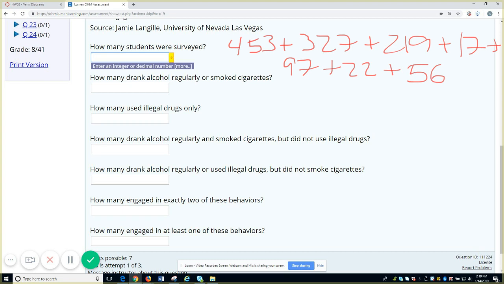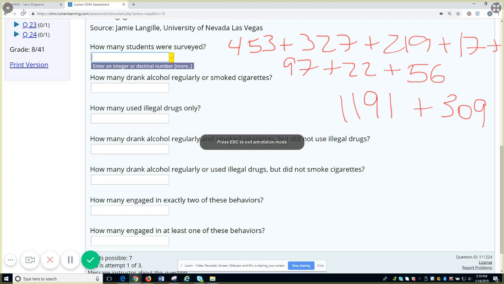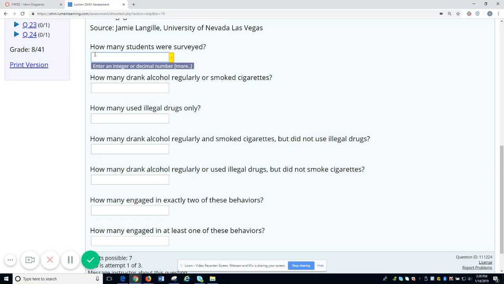What is that? Well, that's the number of people who did one of those things. So it's 1,191. And if I add on the people who did none of those things, which is 309, it gives me 1,500 people. So 1,500 people surveyed.